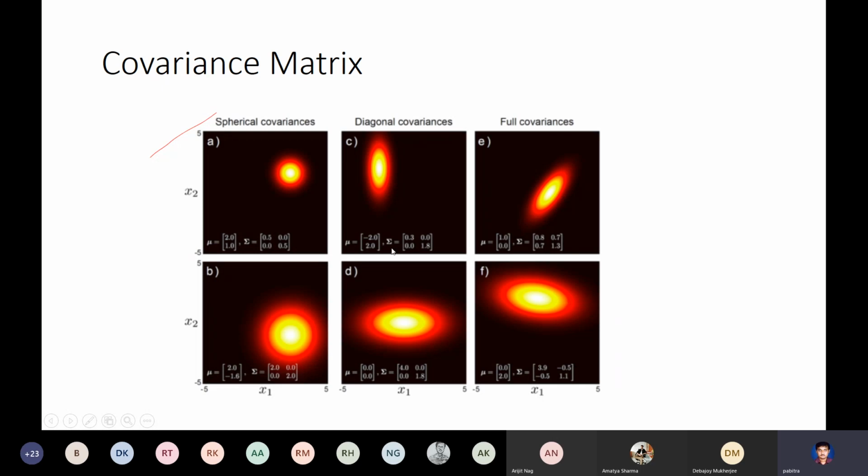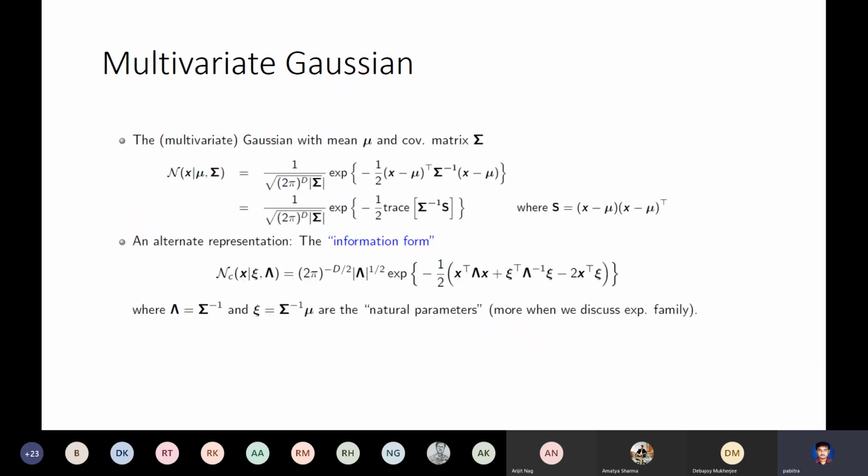There is also one more property of this covariance matrix, that it should be a positive definite matrix. Positive definite matrix means a matrix A is positive definite if you take a vector x and you get the quantity x A x transpose, it is positive. Why is that so? Because finally in the numerator, you will have this x sigma x term.